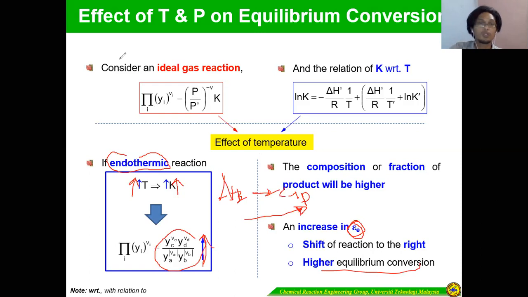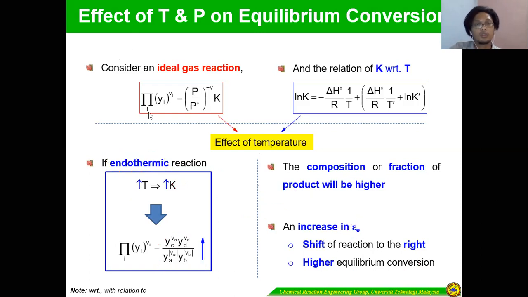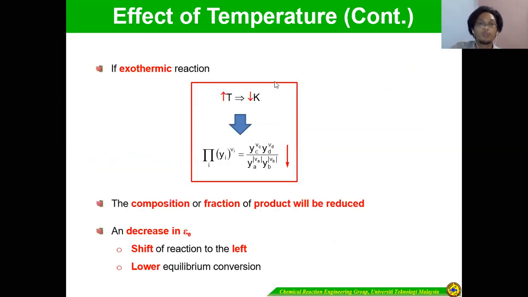What happens for the exothermic reaction? For the exothermic reaction, if you increase the temperature, the equilibrium constant will decrease. The left side also decreases, the conversion also decreases, this one, the ratio, because the product will be reduced.